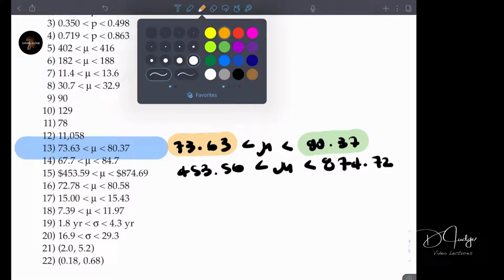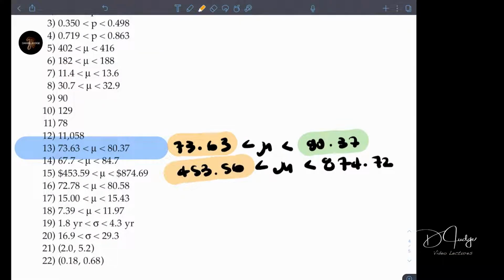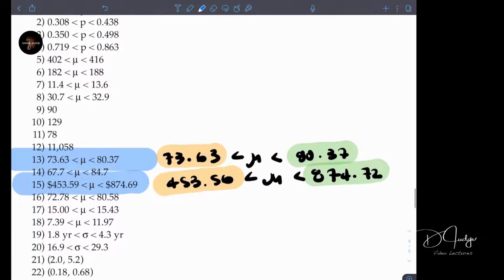My lower bound value, my upper bound value. Take a look, number 15. It looks like that's the answer we're supposed to get, 453 point. And let's say we're off by a few pennies again, so that bugs me.